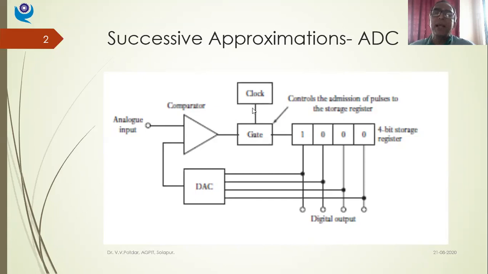Because it is a digital signal I am giving, this digital known signal I am generating through the clock, and I am giving it to the register or the counter. So a digital number will be generated corresponding to 7.5 volts. Now this 4-bit digital number will be given to my D2A converter, so that the D2A converter will convert my digital signal corresponding to 7.5 volts into an analog signal.